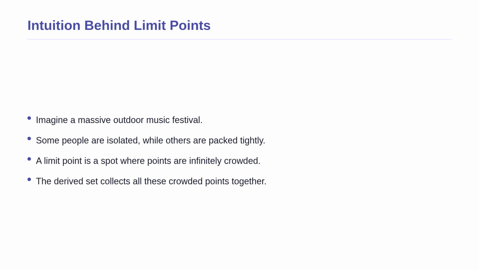If you draw a circle of any size around a person near the stage, you will always trap at least one other person inside that circle because the crowd is so dense. In mathematics, a point that has this crowded property is called a limit point. The derived set is simply the collection of all these crowded points gathered into one new group. It is like the ultimate VIP club for points that always have neighbors.